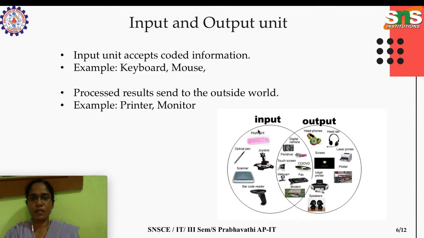So keyboard, optical pen, joystick, scanner, barcode reader, these devices act as input to the computer system. And here monitor, printer, scanner, headphone, these are all acting as output devices.